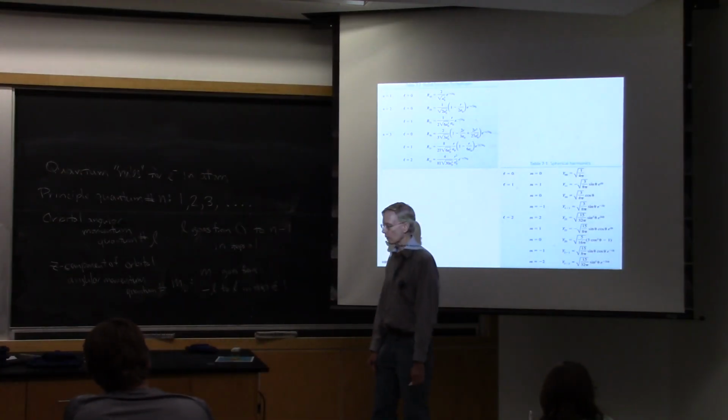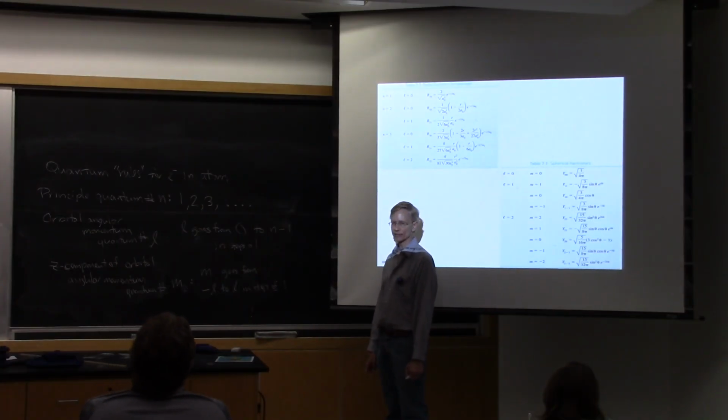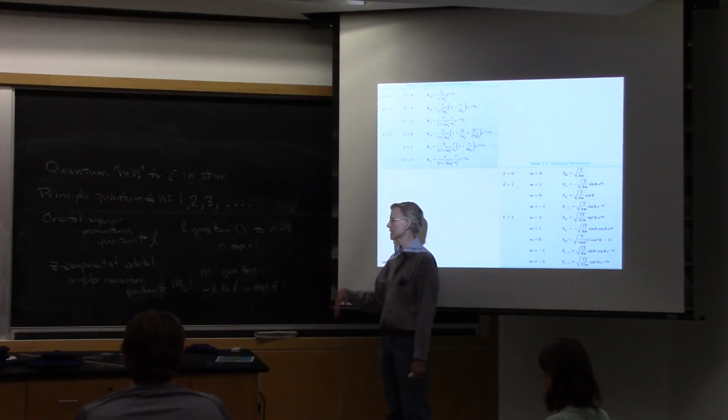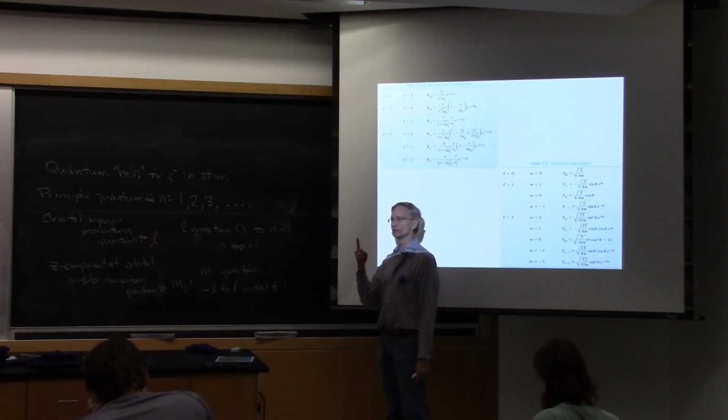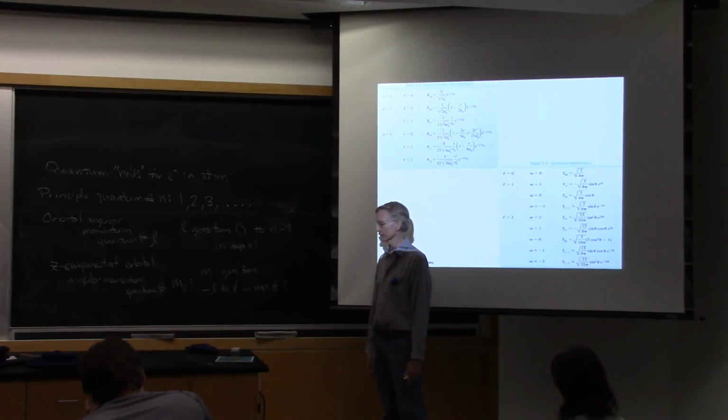So there's 1 S state, 3 P states, 5 D states, 7 F states, and so on and so forth, because if you count them up, D states, -2, -1, 0, 1, 2, that's 5. So that's how that works.